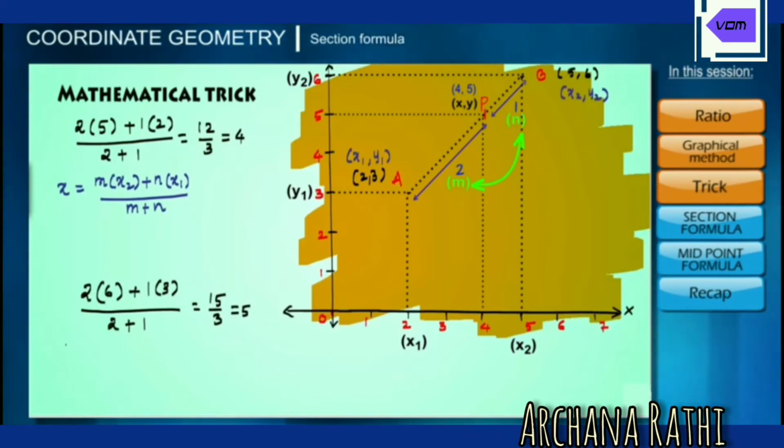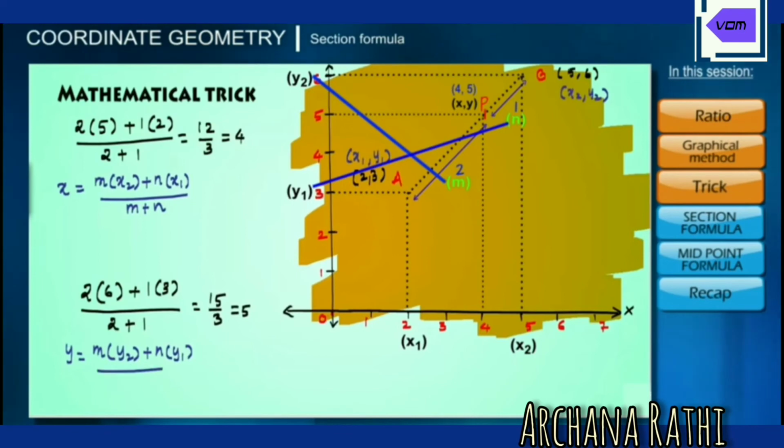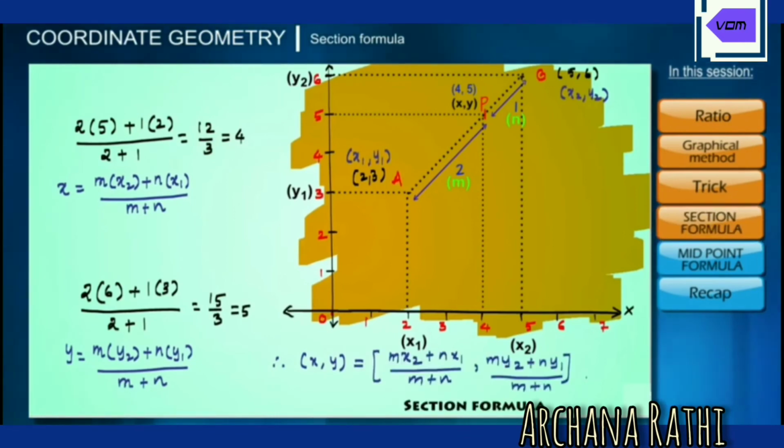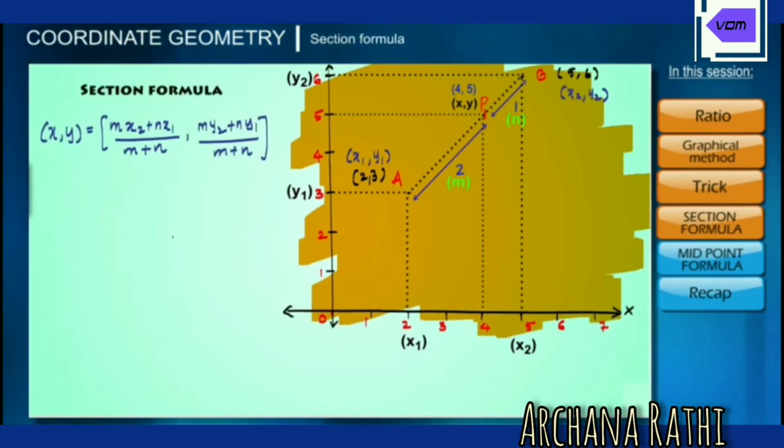This is the x coordinate of point P. Same for the y coordinate, that is m into y2 plus n into y1, upon the addition of components, that is m plus n. Therefore the coordinates of point P, x, y, are given by the formula called the section formula.